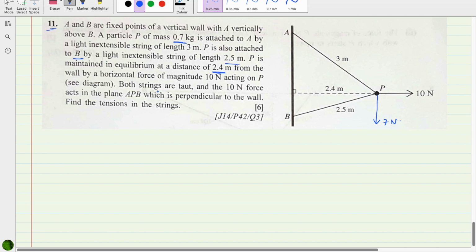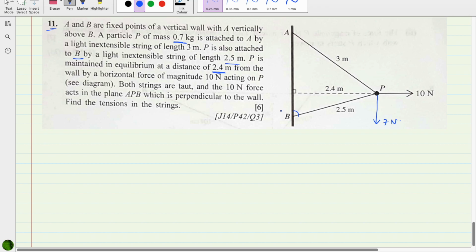Now the question says both strings are taut and the 10 newton force acts in the plane APB, which is perpendicular to the wall. Find the tensions in the strings. So we are resolving, and I know we would need some values. I'm writing it as alpha and beta.